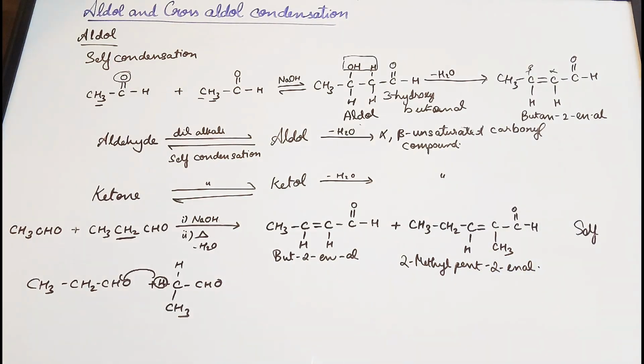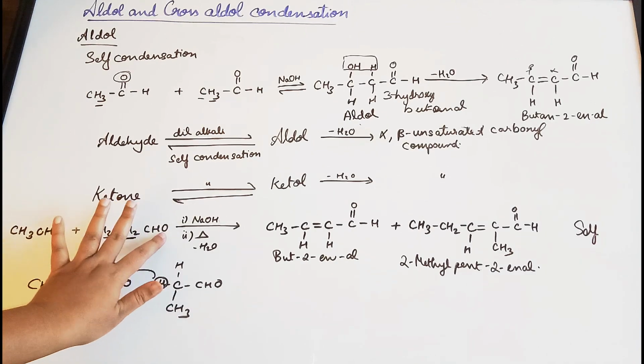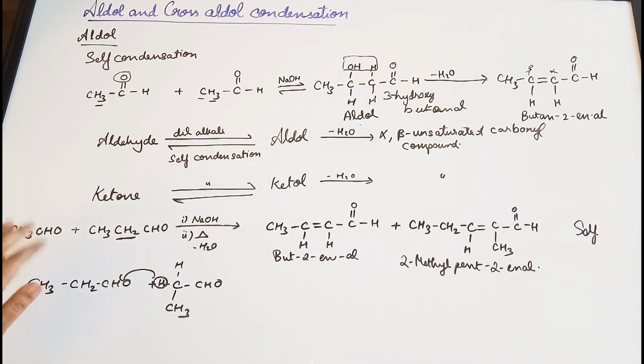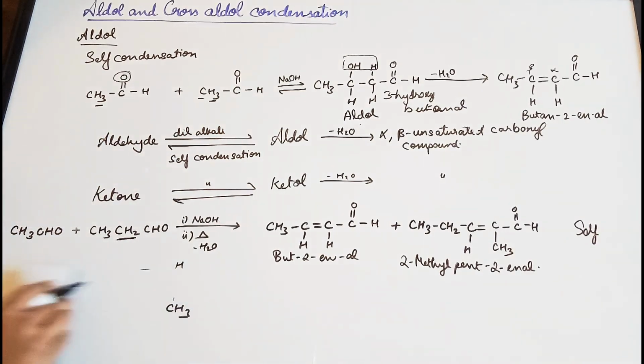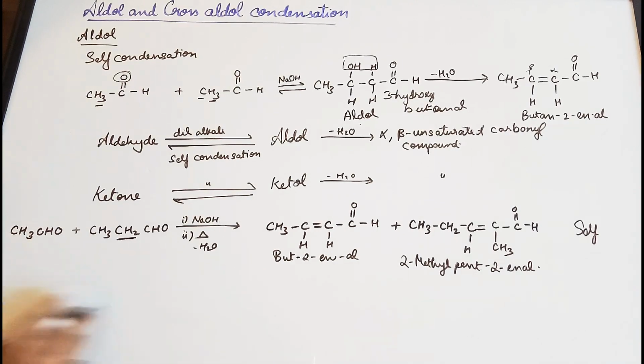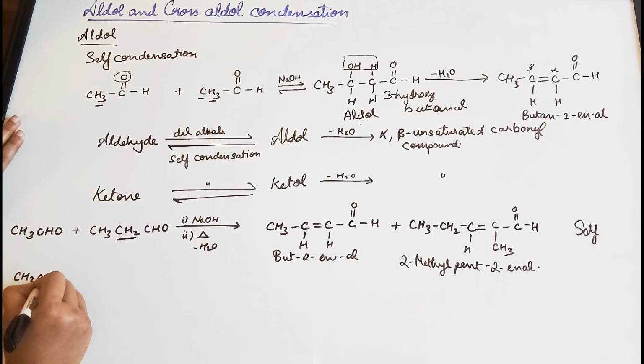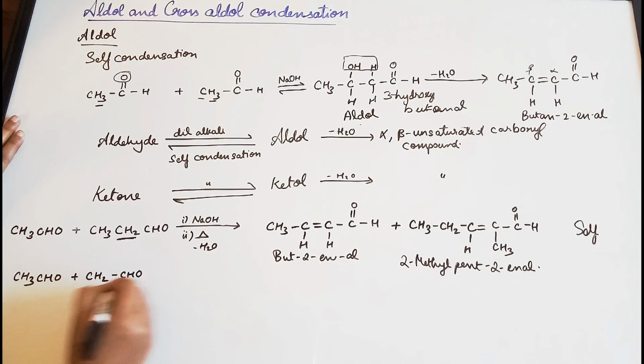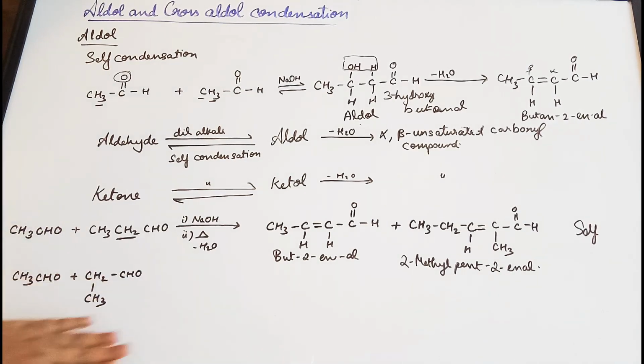Next we will have the cross aldol products. So there are two ways. One is this is going to be on the left and this is on the right, or the aldehyde of this compound could be lost and this will stay. So that's how we have two products. So let's start with taking these as they are. So we'll be having CH3CHO plus CH3CH2CHO. So this is the first one.